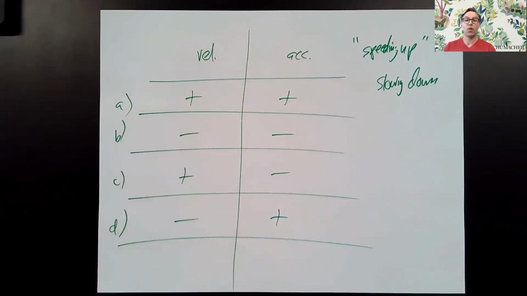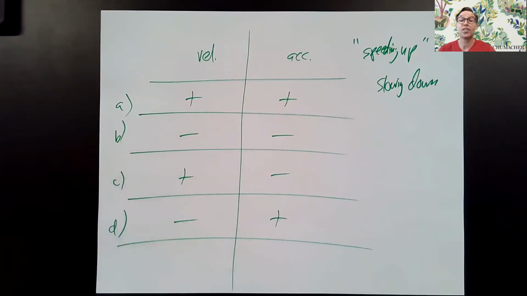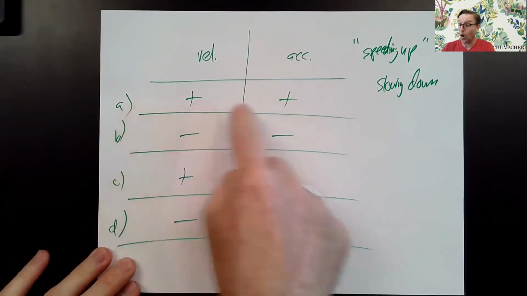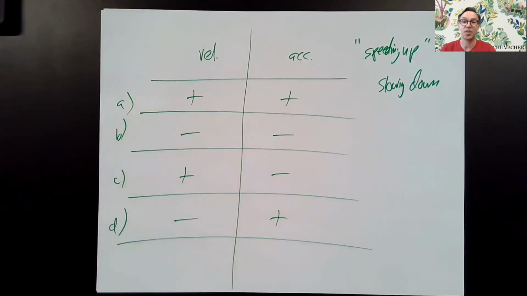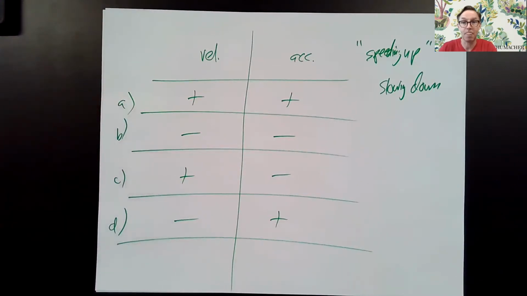Well, then the answers would be B and D. A negative velocity means we're moving down or left. Which of these rows would represent an object moving to the right? Well, that would be these two rows, A and C.